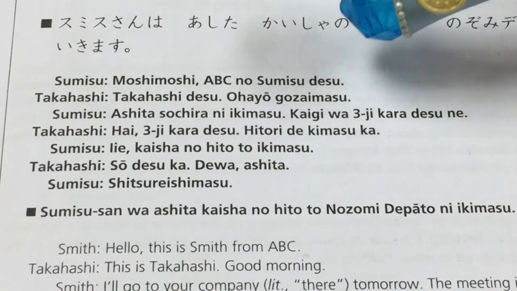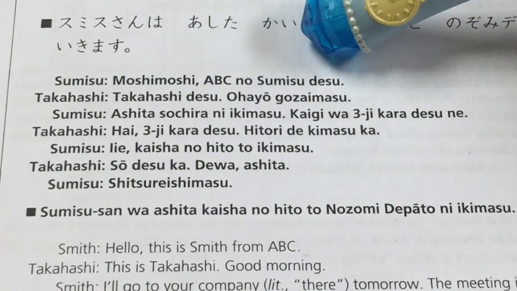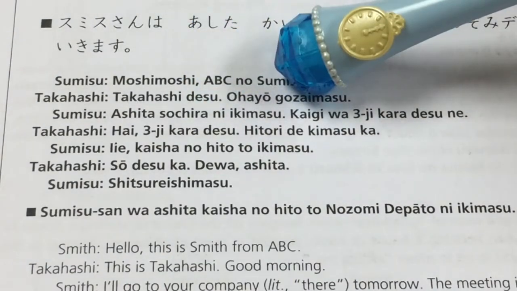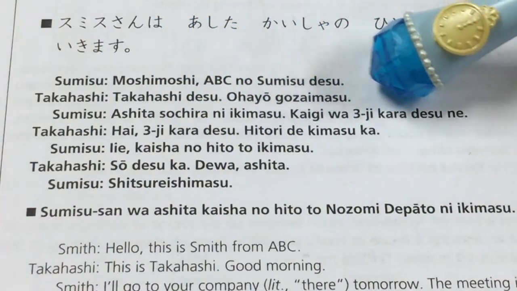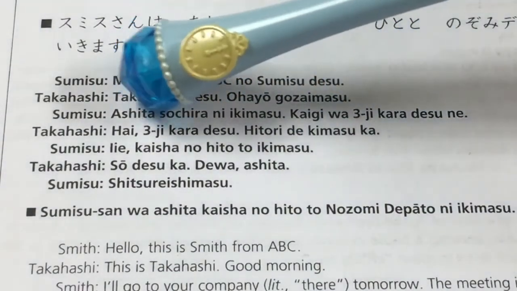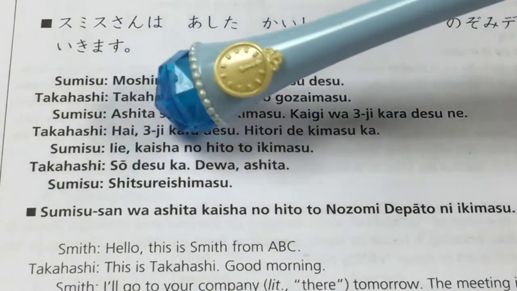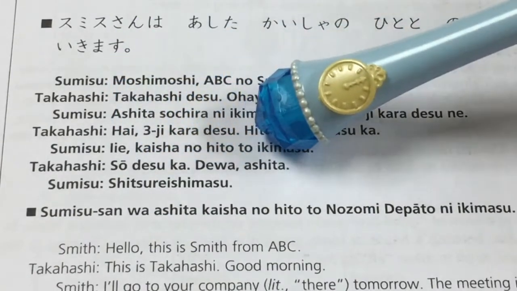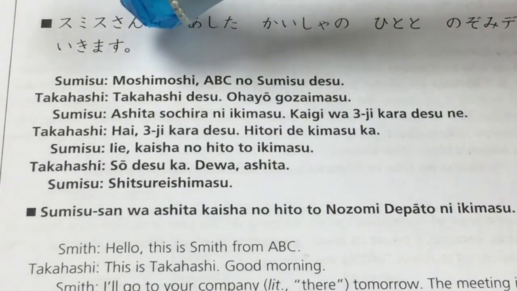So I will start from the beginning again. もしもし ABC のスミスです。高橋です。おはようございます。明日そちらに行きます。会議は3時からですね。はい、3時からです。一人で来ますか? いいえ、会社の人と行きます。そうですか。では明日、失礼します。I translate again.